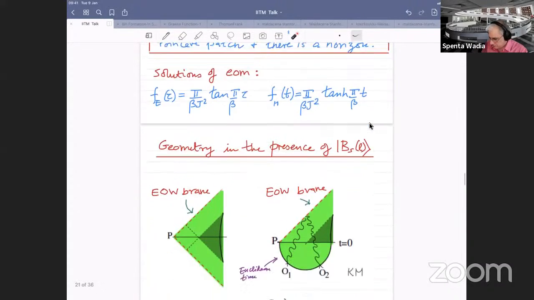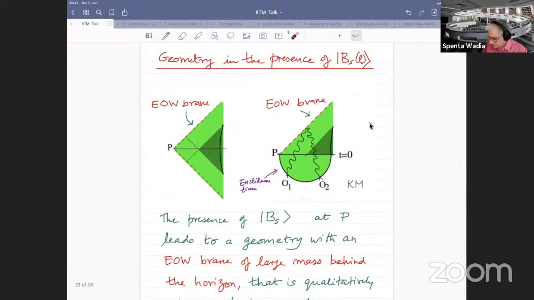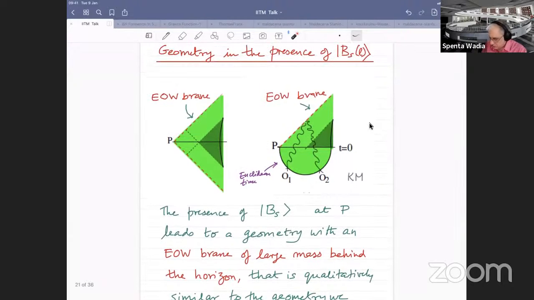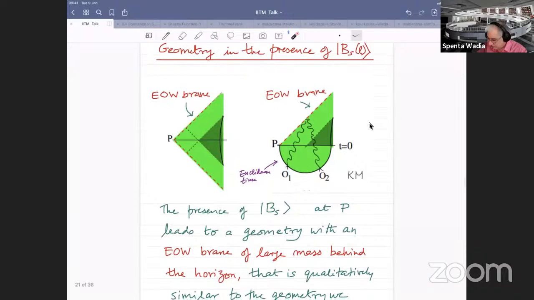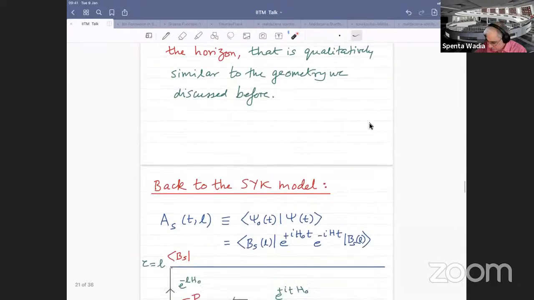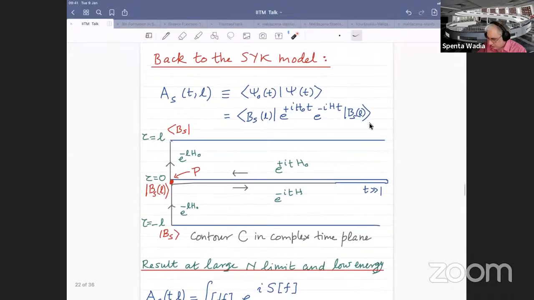This is just some other picture which I have drawn, but basically it's a space-time picture in which you have a very heavy state over here, and the resulting geometry is more or less the same as a Poincare patch in which there is a black hole. I don't want to explain all this because it will take me too far away in time, but these pictures you will remember. Now let's get back to the SYK model.